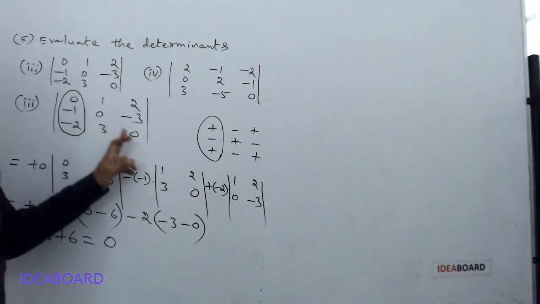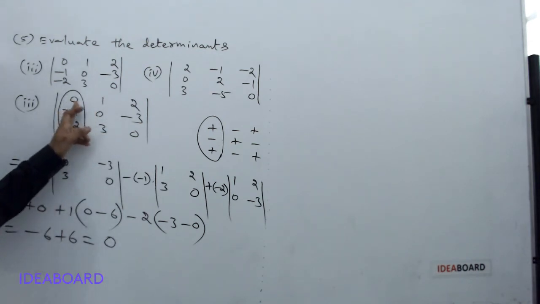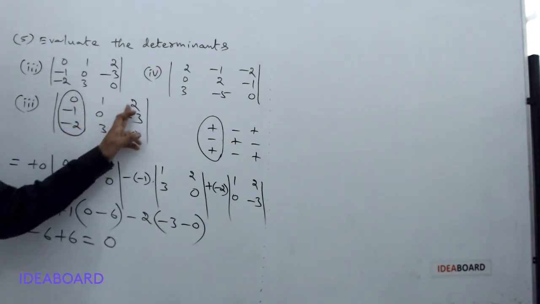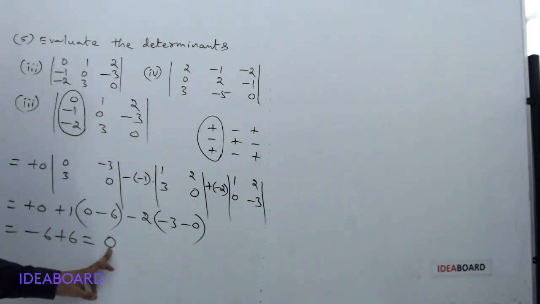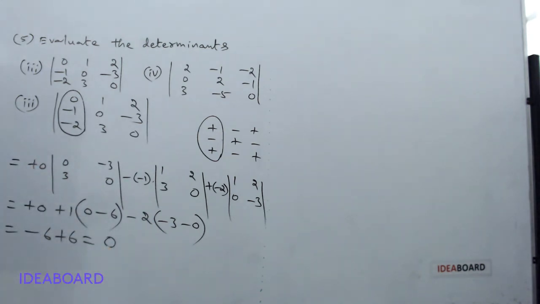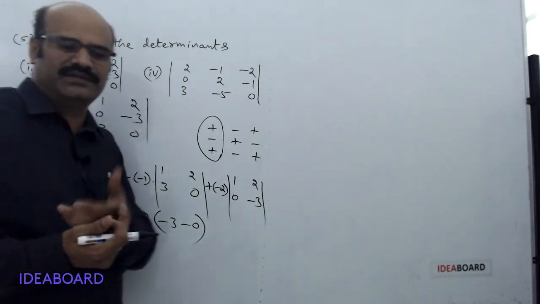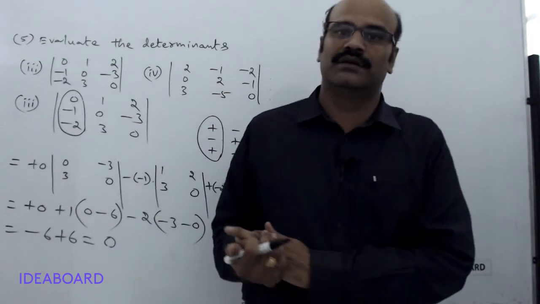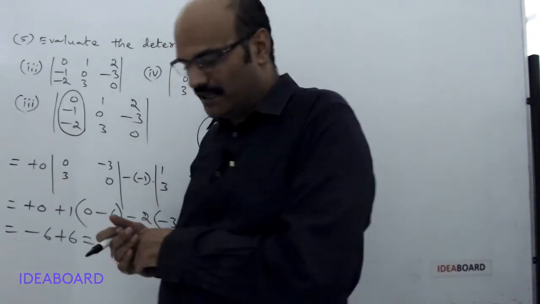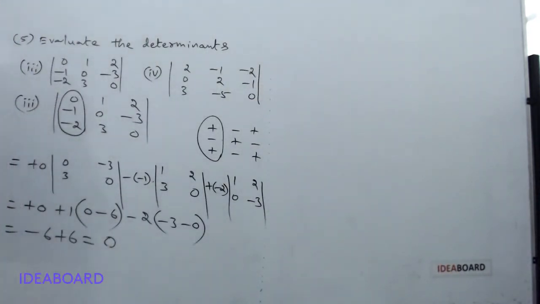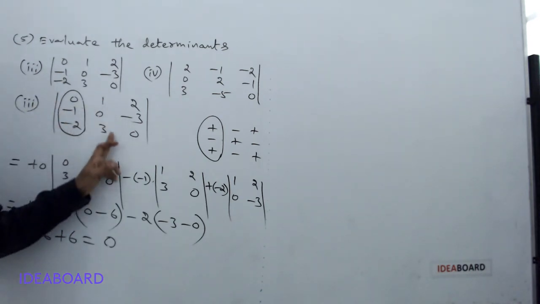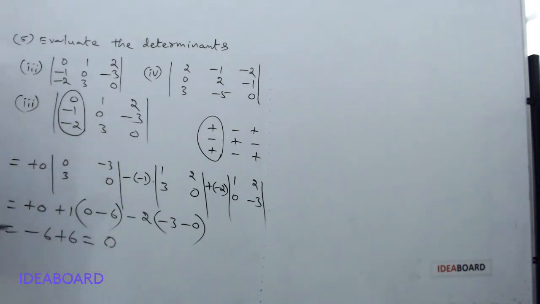This is a skew symmetric matrix. So the determinant of a skew symmetric matrix of order 3 by 3 is always equal to 0. It should be of odd order: 3 by 3, or 5 by 5, or 7 by 7. The determinant of a skew symmetric matrix of odd order is always equal to 0.